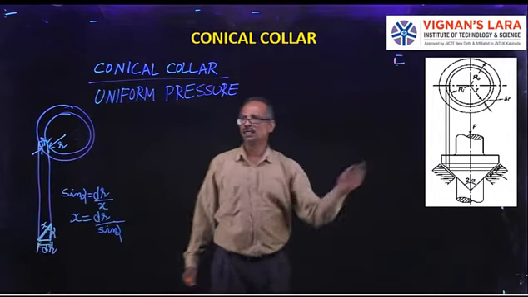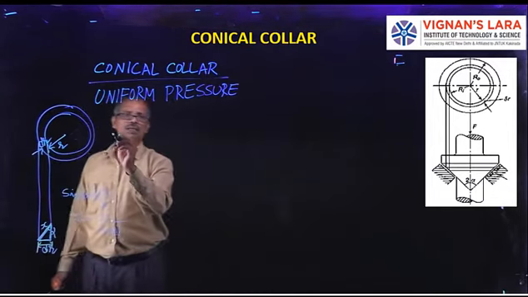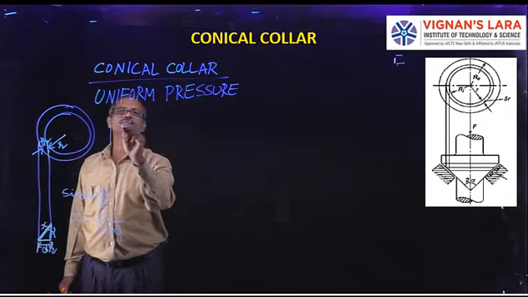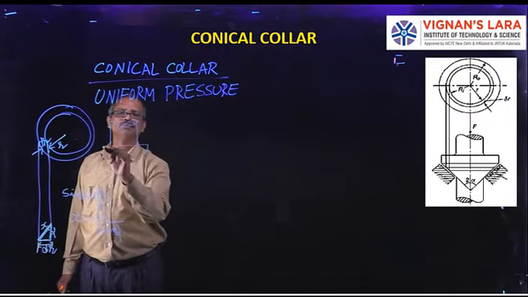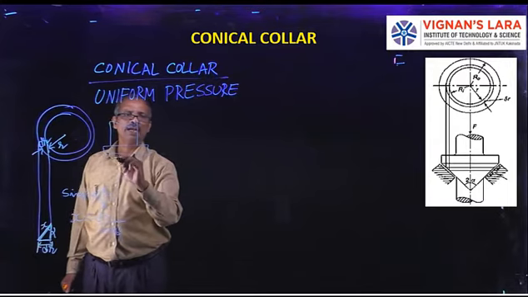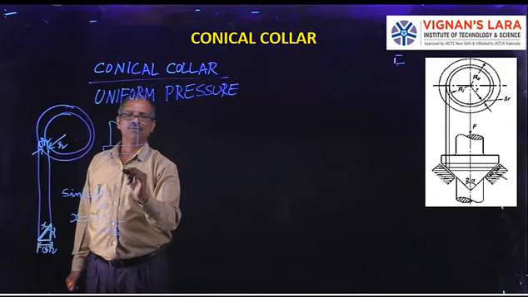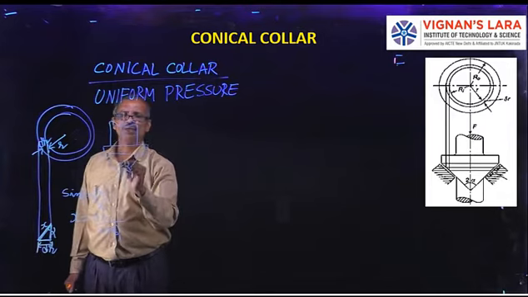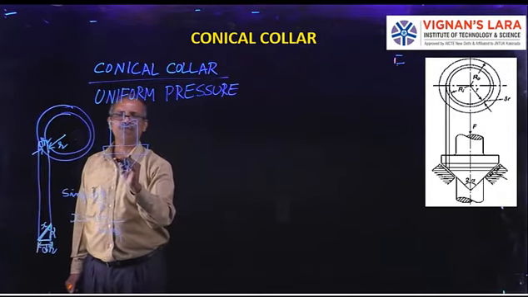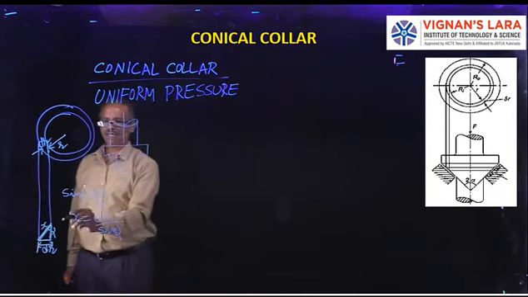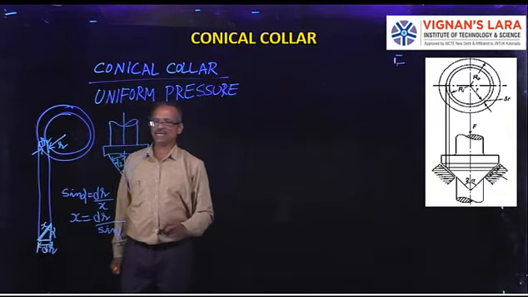Here you can see the collar's total included angle is 2 alpha. So naturally this will become alpha. So this makes an angle alpha with the vertical.